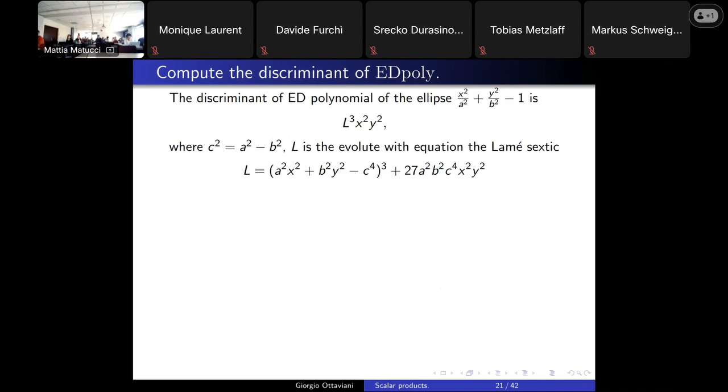In my interpretation, these are important because they are axes of symmetry. So if you start from a curve and you don't know the axis of symmetry, magically they come from this equation. They correspond, of course, to the singularity of the evolute.